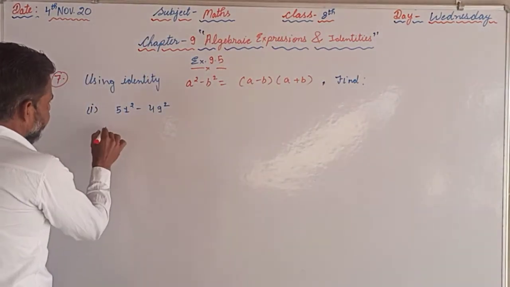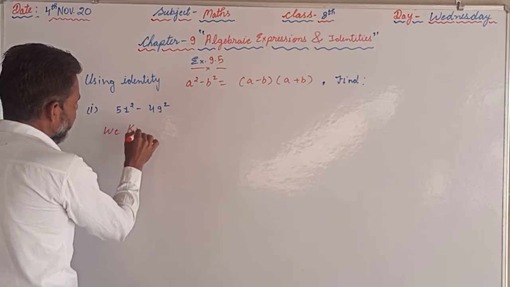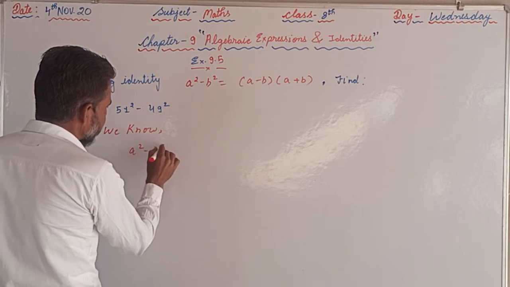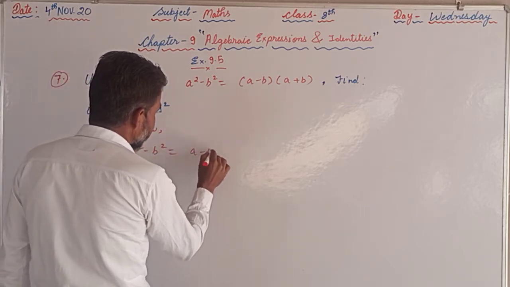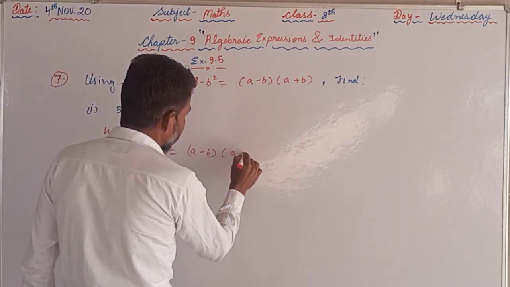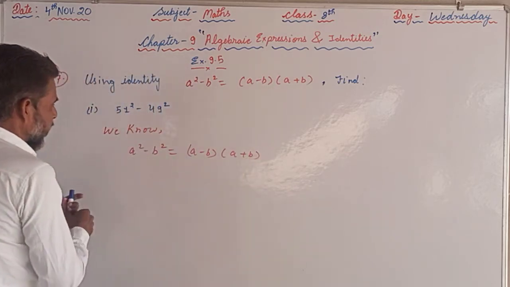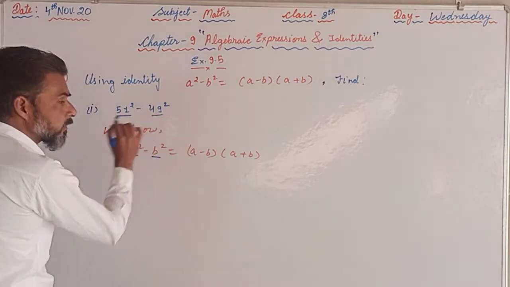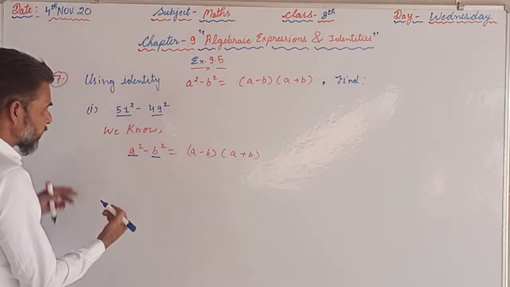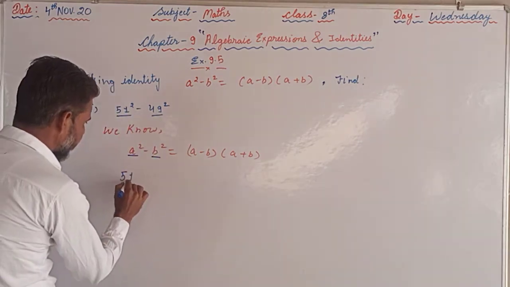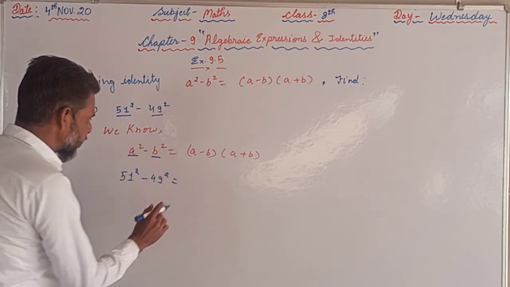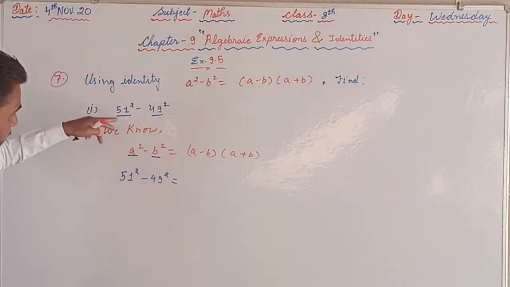First of all we will write, we know that a square minus b square is equals to a minus b into a plus b. In place of a, here it is 51, in place of b, here it is 49. So we are supposed to replace that, that is 51 square minus 49 square, which we are supposed to find.